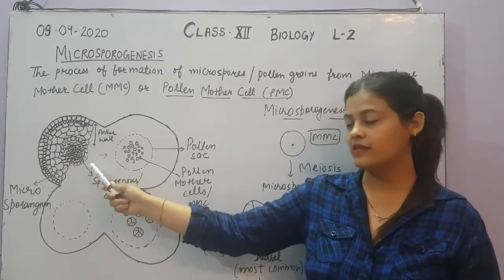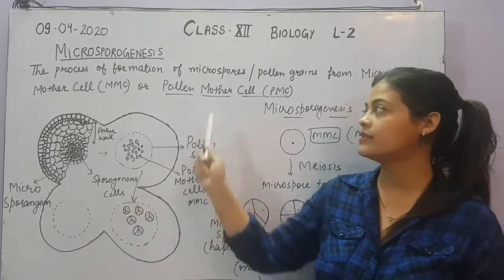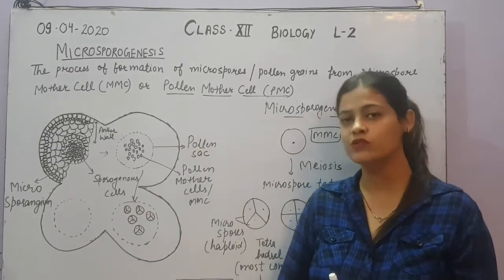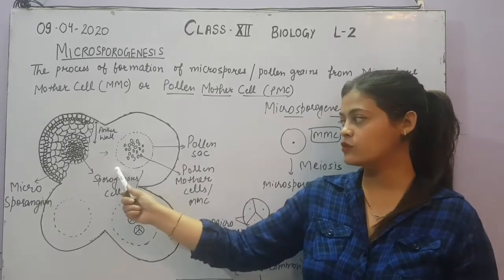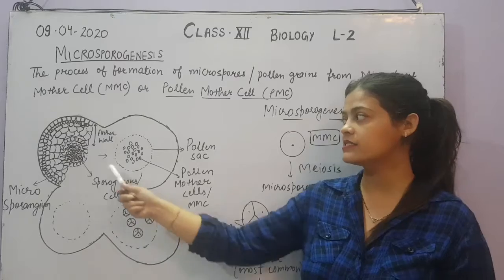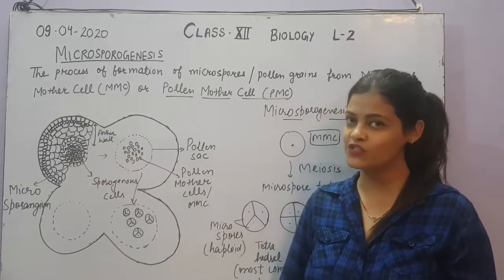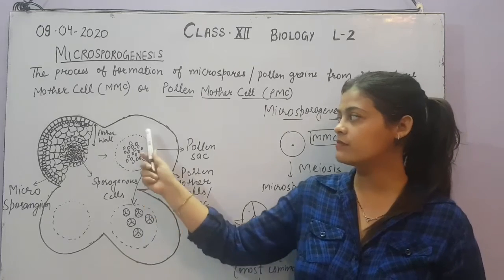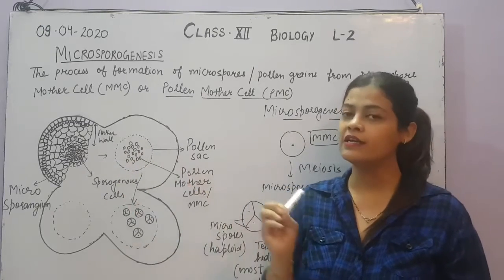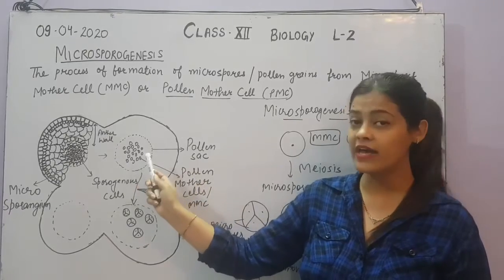These sporogenous cells are actually the cells which will form microspores. How? Let us see. When the anther gets mature, its microsporangium increases a little bit in size. Why is that so?